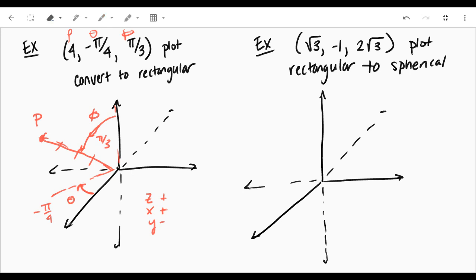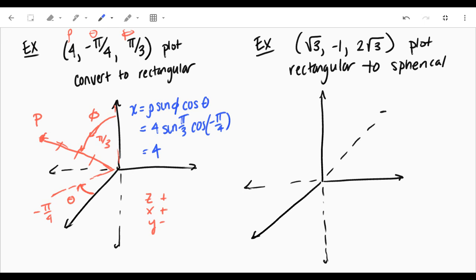All right, so using your conversions, I'm going to erase this dashed line here so I have some room to work. And I feel like switching colors too. Okay, so x would be, again, rho sine phi cosine theta. So we're going to have 4 sine pi over 3 cosine negative pi over 4. The sine of pi over 3, I gotta think for a second.